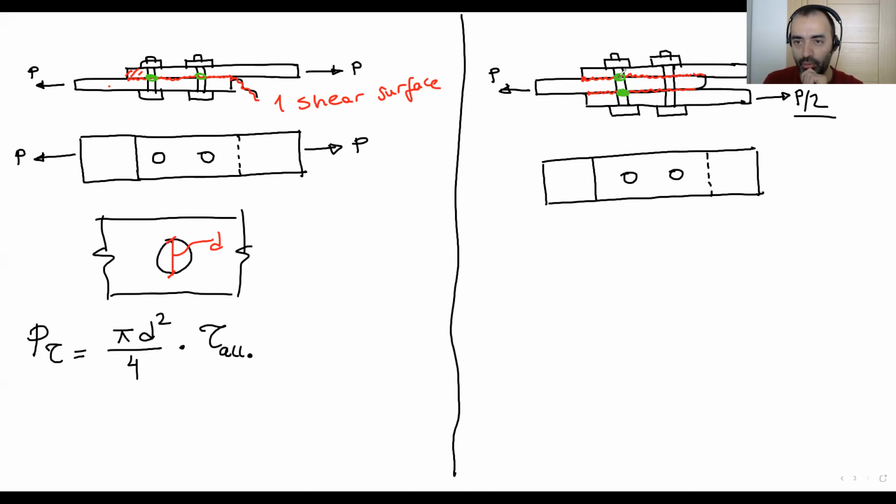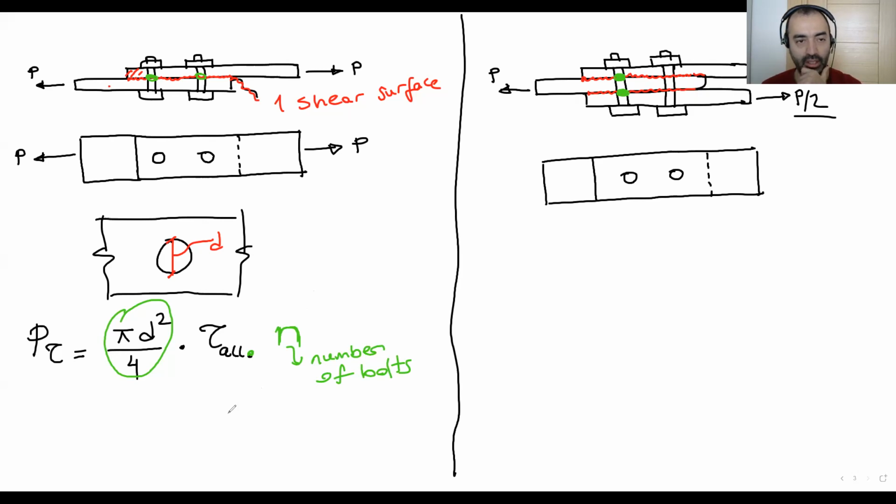For each bolt, two areas work for shear. So in the first case, one surface area works for shear, and this is the allowable stress times the number of bolts, n.